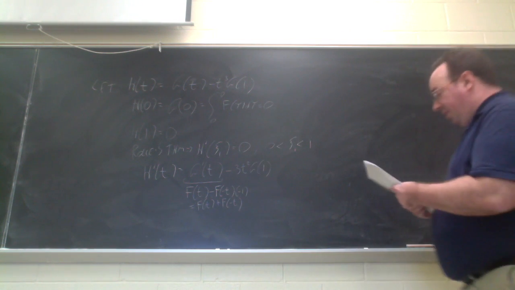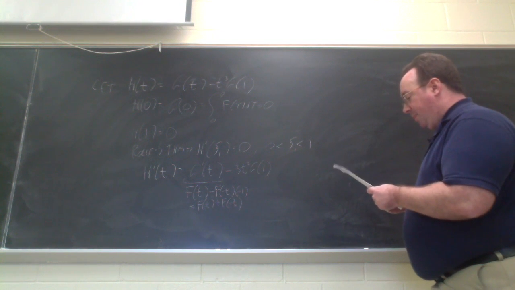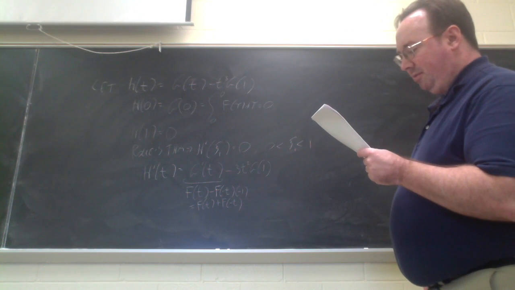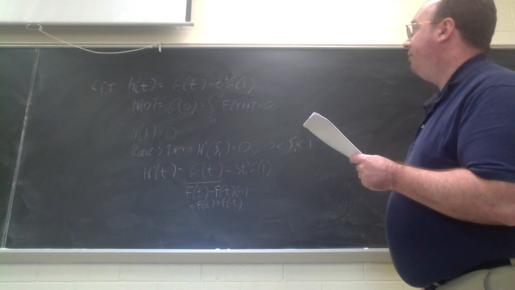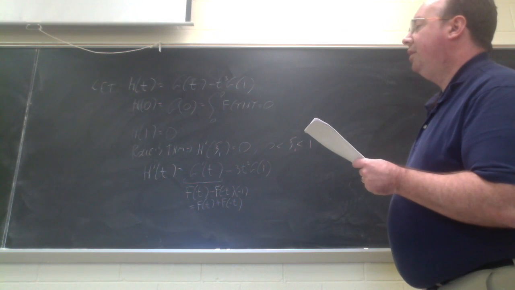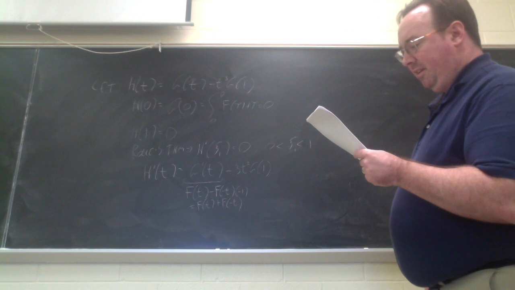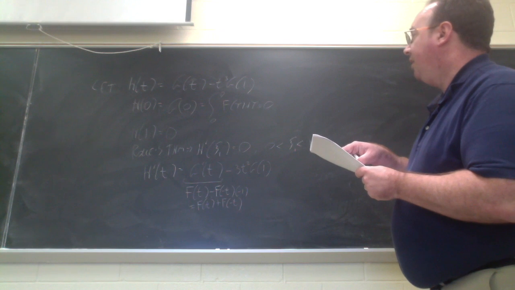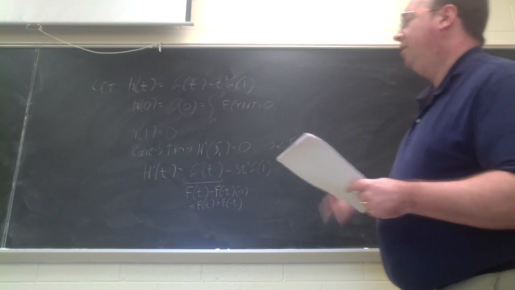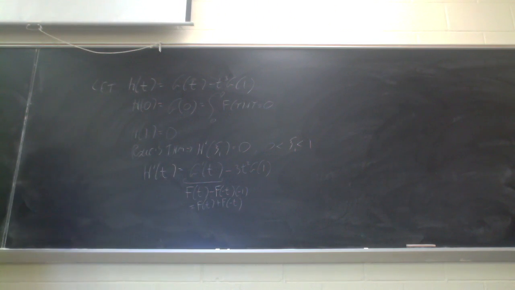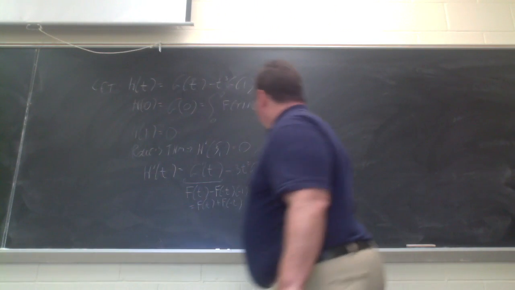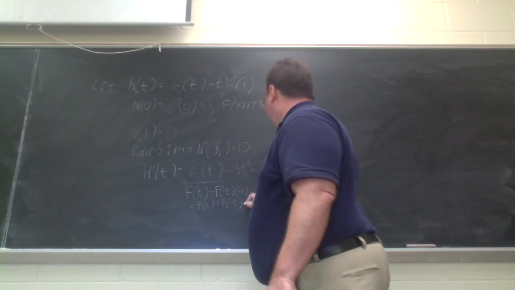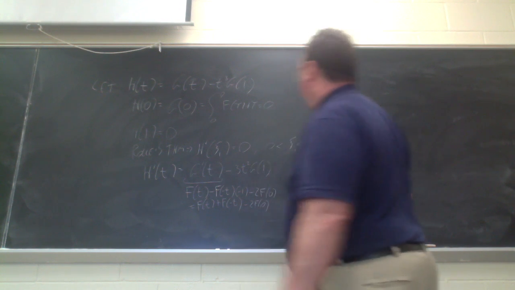Okay. So, all right. Something is strange here. 3t squared, G of 1. I can't forget this. That's going to be minus 2 big F of 0, because you're differentiating with respect to t again.